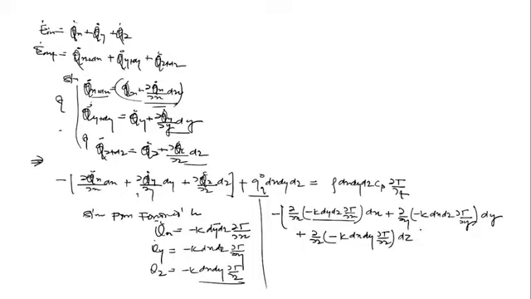Yes or no? Bracket close, plus qg dot into dx dy dz is equal to rho dx dy dz cp into del T upon del t.